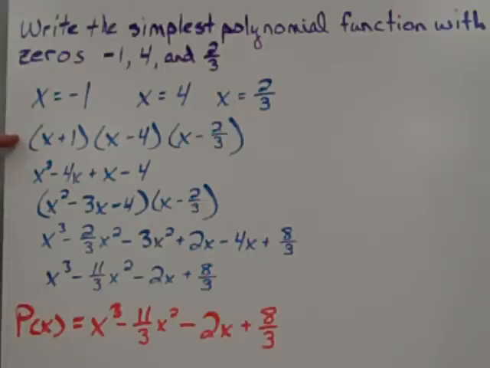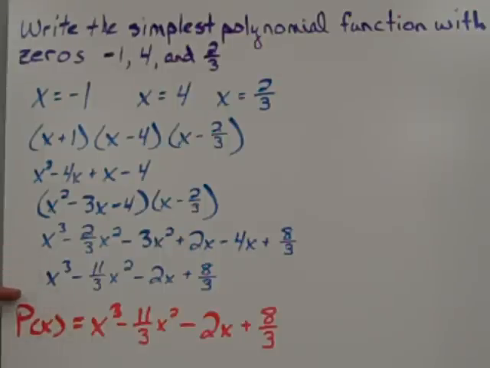And again, multiplying the first two together, taking x plus 1 times x minus 4. That gave me x squared minus 4x plus x minus 4, which I then combined the like terms and got x squared minus 3x minus 4. Then I brought down the x minus 2/3 so I could multiply those two together. So I took x squared minus 3x minus 4 times x minus 2/3, and that gave me x cubed minus 2/3 x squared minus 3x squared plus 2x minus 4x plus 8/3.